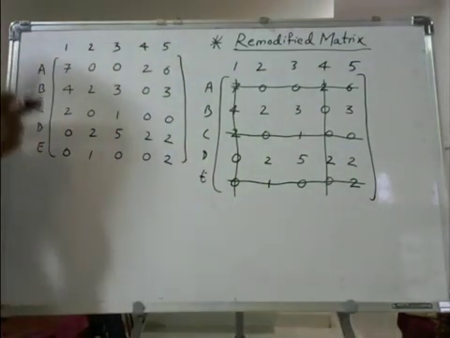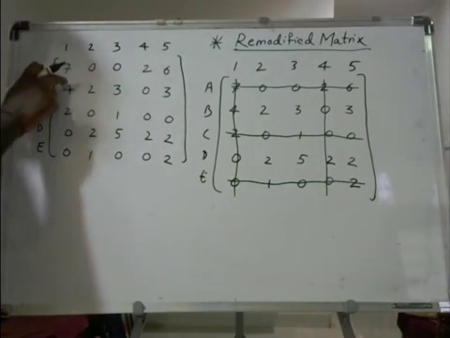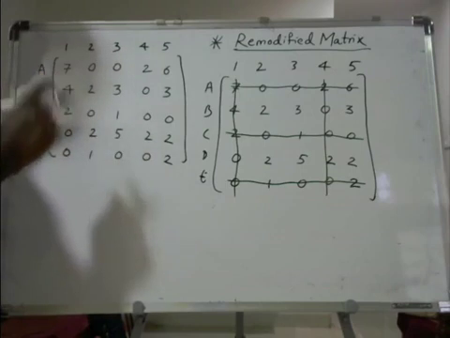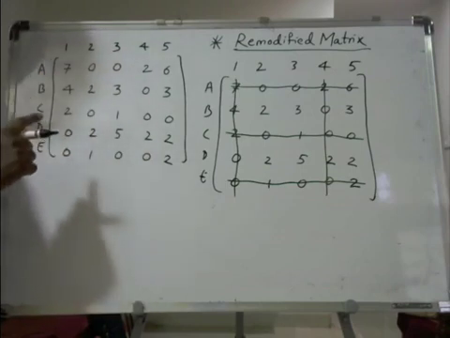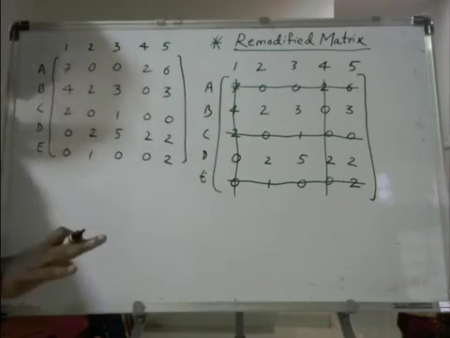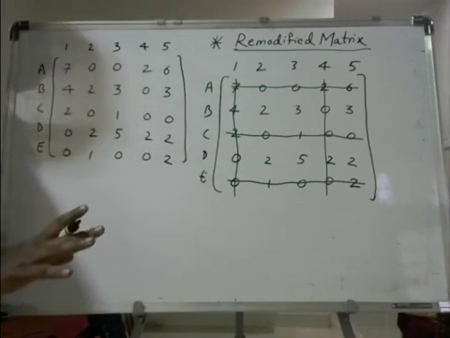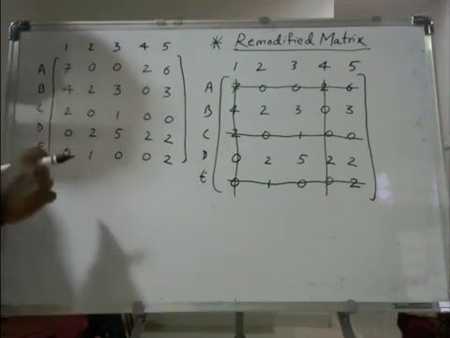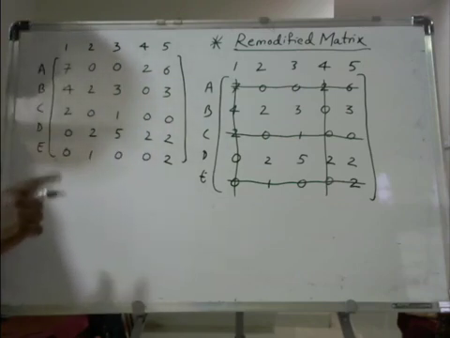Okay, now I'll scan the first row. So there are 2 zeros. I cannot put a box. I can put a box only when I get a single zero. First I need to scan the rows. If I don't get any row which has got a single zero, then I will have to scan the columns and find the single zero and put a box.